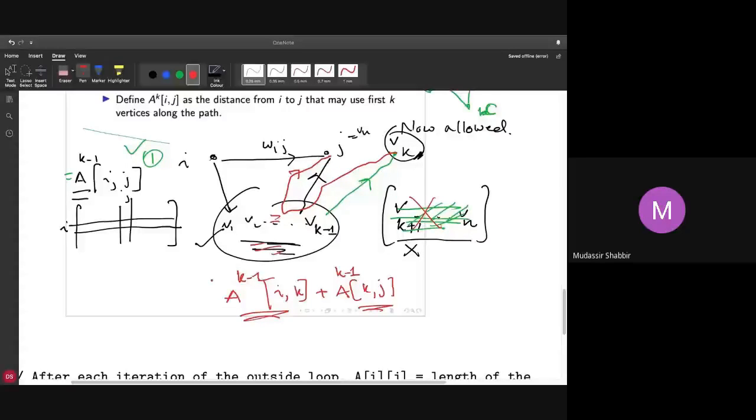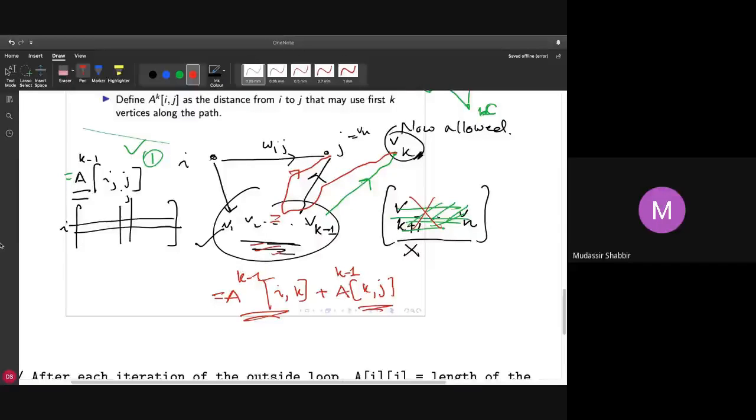If there is a path which must go through K, this must be it, because this I K represents the weight of the shortest path from I to K, and this represents the shortest path distance from K to J. If there is a path of minimum length that goes through K, its value will be this. That's it. We have already solved this problem.